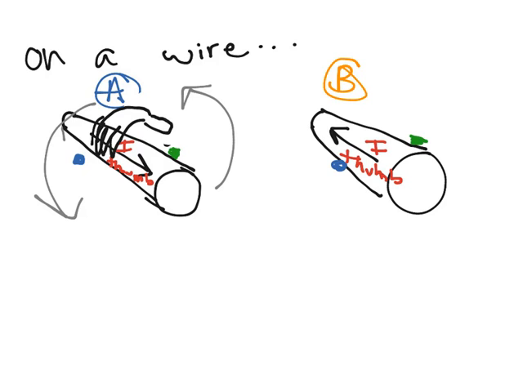On the other side, if you look at your right hand with your thumb pointing in, you would have your fingers curve around this side, and your thumb would point in that direction, causing your magnetic field to curve around. So either way, on a wire, you're going to have a curved magnetic field, but it depends on which way it's going.